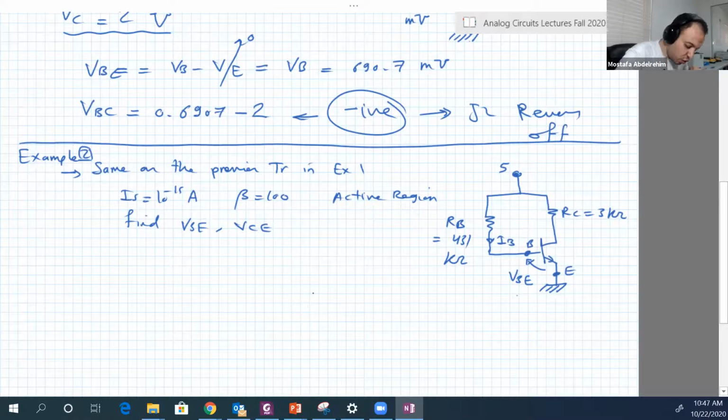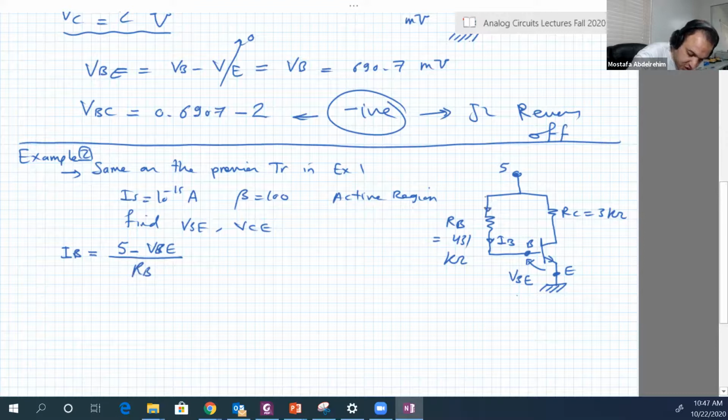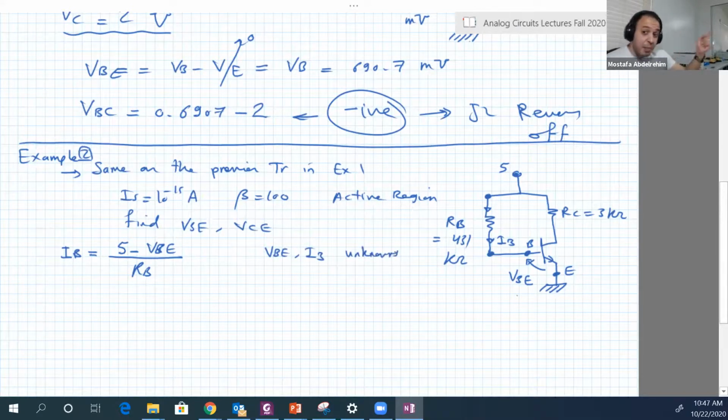So IB is equal to 5 minus VBE divided by RB. Remember, IB is flowing in that direction, so it's equal to this node minus this node over the resistor value. VBE and IB are unknowns. In example 1, IB was known. In this example, no, it's not known.